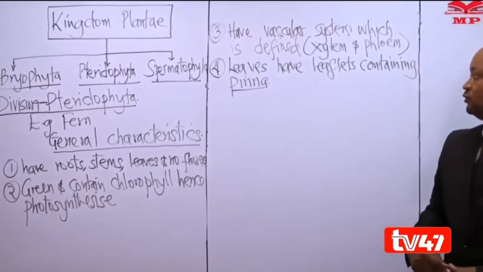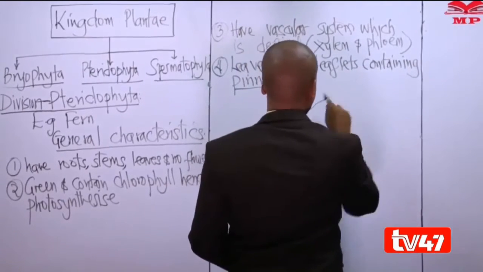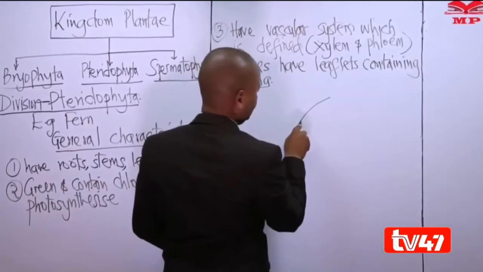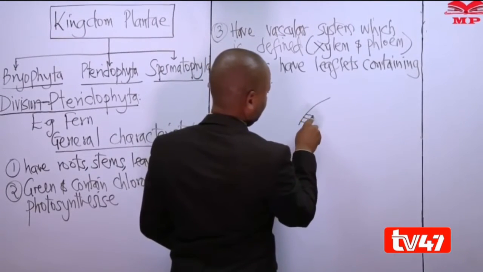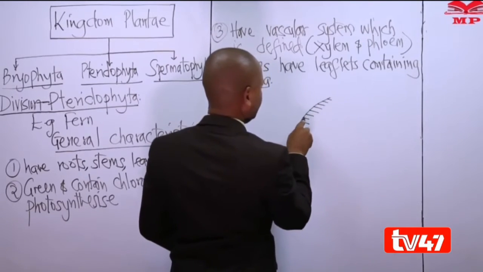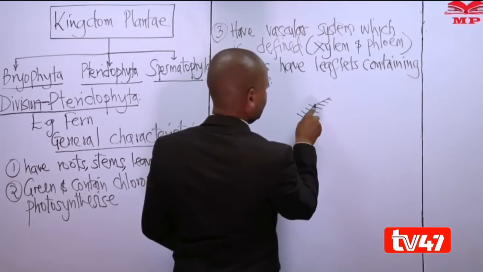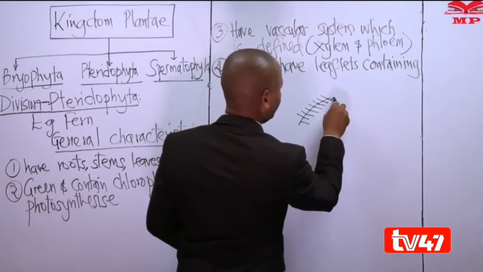Yeah. So, for example, if we can have a structure maybe just like that. So we have that one. If that is a leaf, it has small branches coming from it, and these branches have small leaves on them.